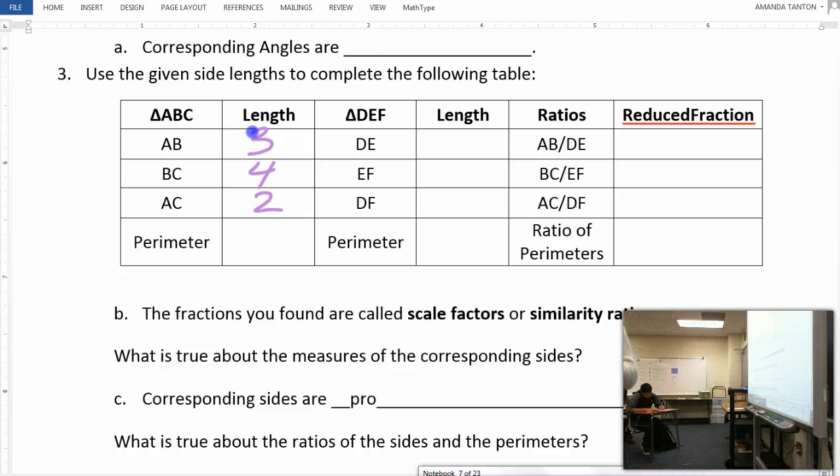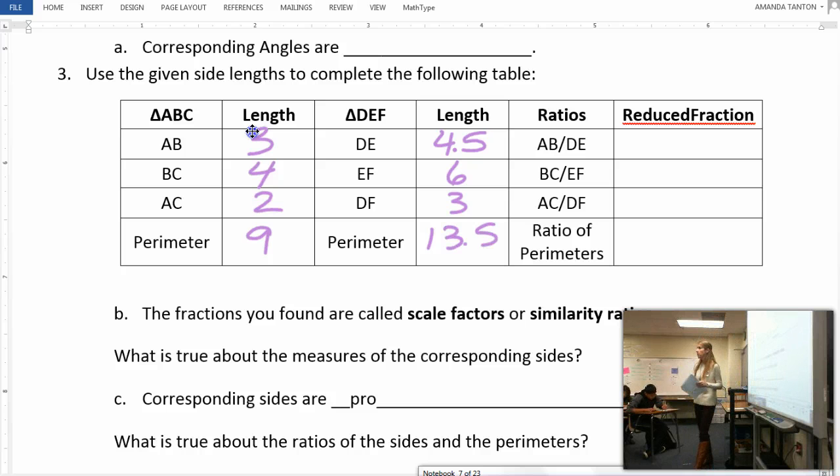Betty, what's the perimeter of ABC? 9, okay. And then on the next one we have 4.5, 6, and 3. So Zaya, what's the perimeter on DEF? 13.5. Thank you, ma'am.